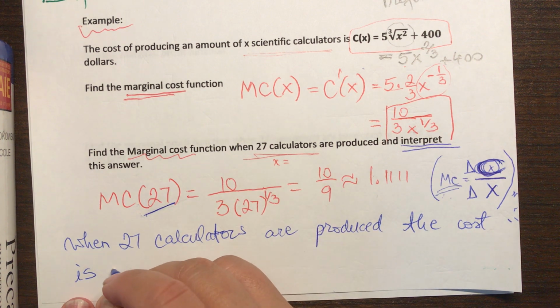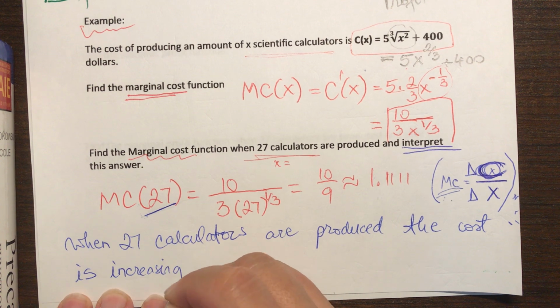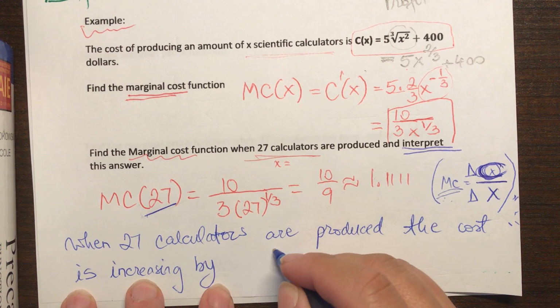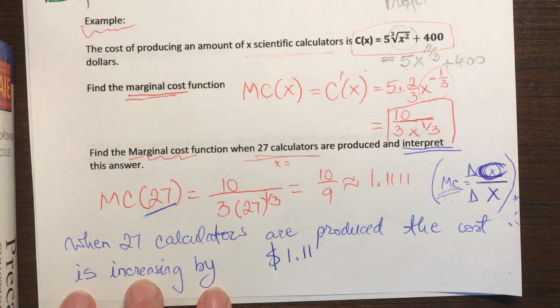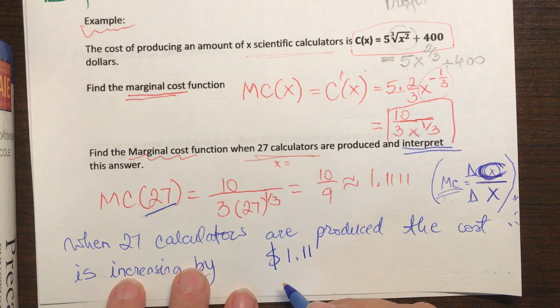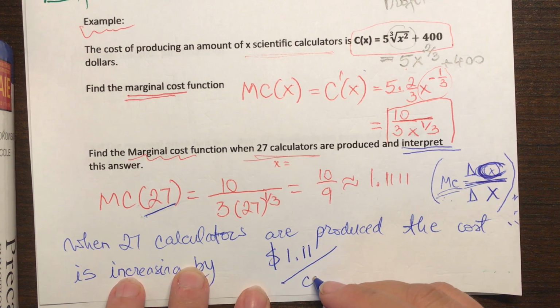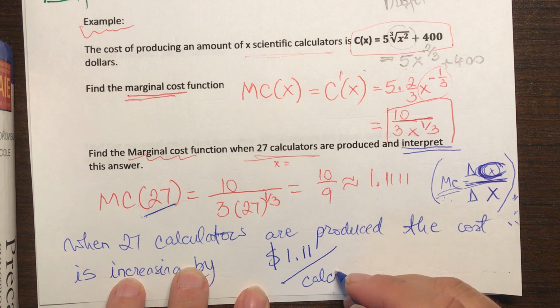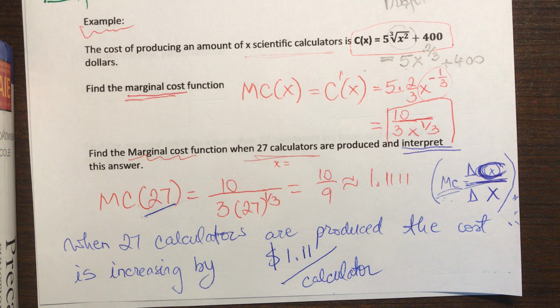So the cost is increasing by how much? And since it's a dollar amount, we're going to only keep 2 decimals, so $1.11 per calculator for every 1 x. So in other words, the cost is going up by about $1 for every extra calculator you are producing right now.